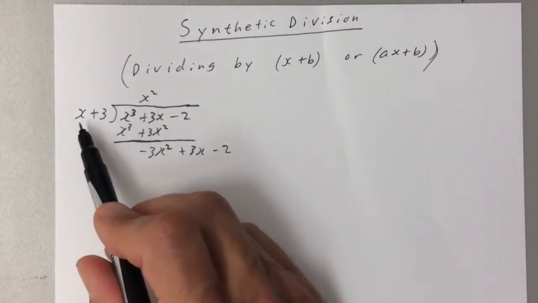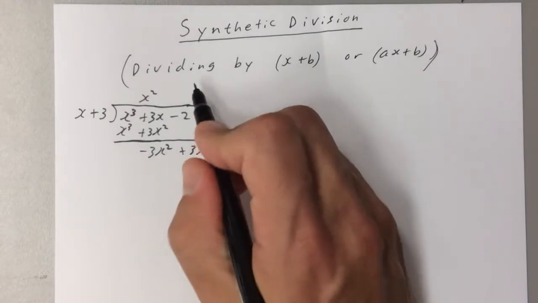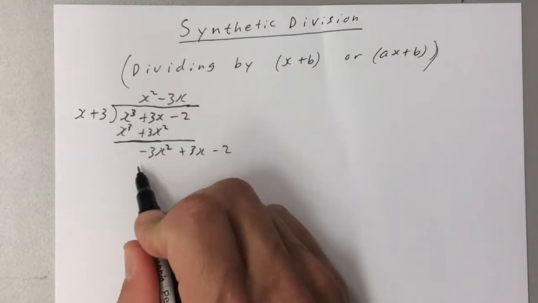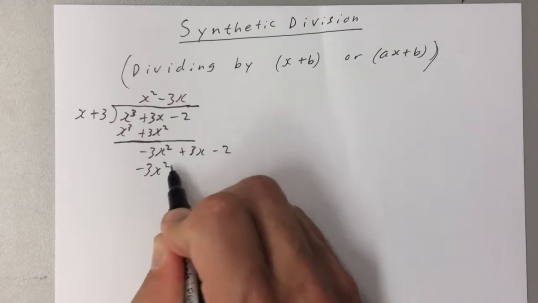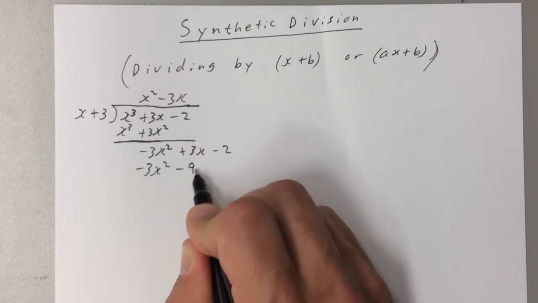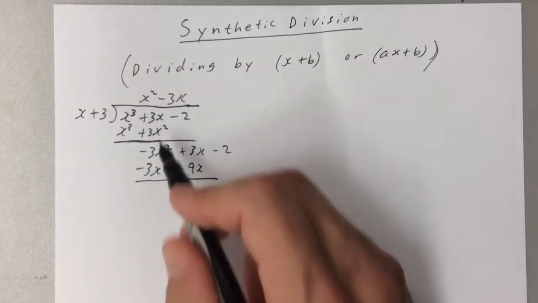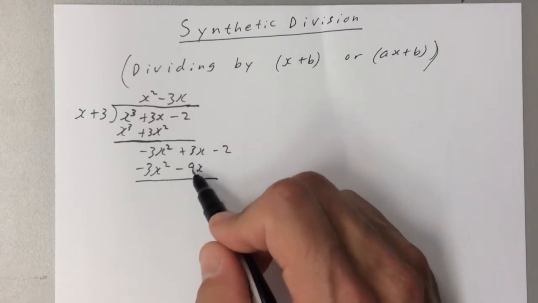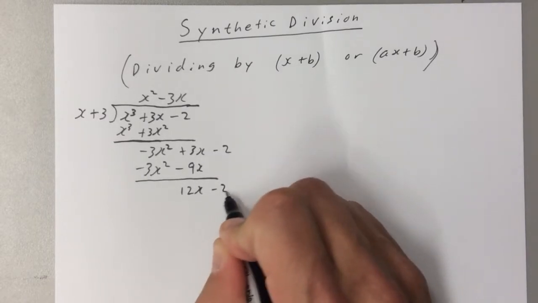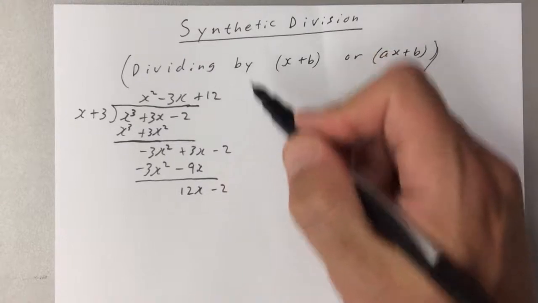At this point, we need to then multiply this by negative 3x in order to get negative 3x squared. And then we get minus 9x right here. Subtract those two. That goes to 0. 3 minus negative 9 is going to be positive 12x, and then minus 2. And then we do plus 12.